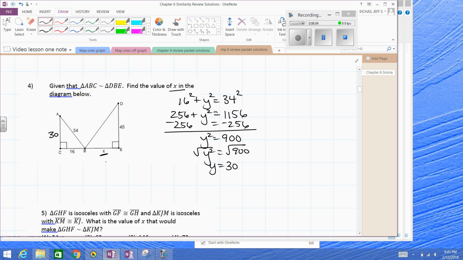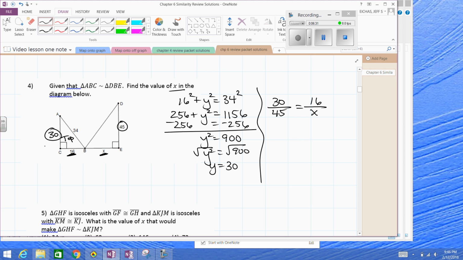What we want is corresponding sides to be proportional. If we look at this, 45 is going to correspond with the 30. 16 is going to correspond with the x. Let's just put these on top every time. So 30 is to 45 as 16 is to x.